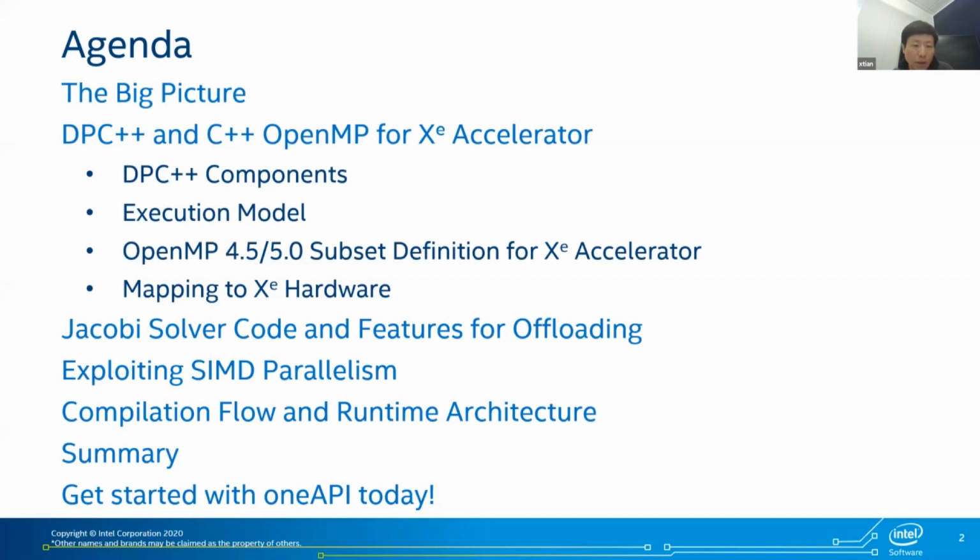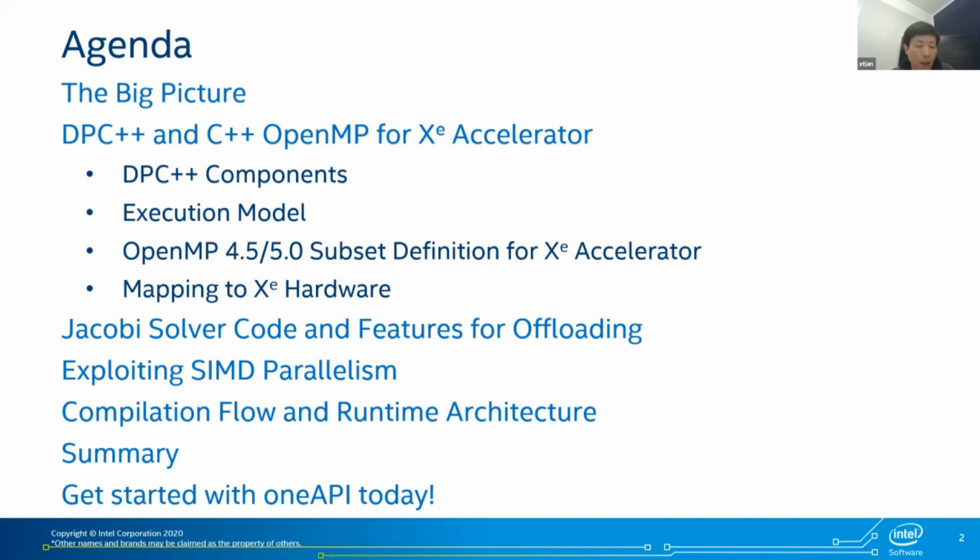One thing I want to call out is SIMD parallelism, because in Intel's CPU and GPU, we both have a SIMD engine inside the hardware. So there are some things I want you to be aware of regarding the difference between Intel's CPU and GPU hardware versus some other vendors' GPUs, for example.